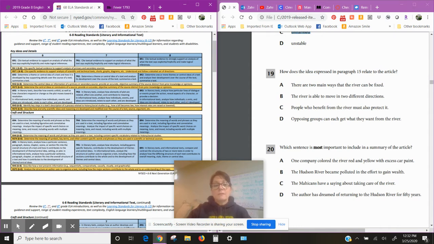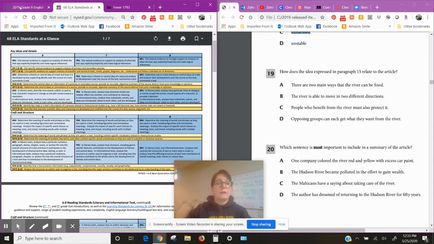So in this particular article, it's informational because it's a book about the history of the Hudson River or the Hudson Valley. So we're going to look at analyzing how individuals, events, and ideas are introduced or relate to each other and are developed.